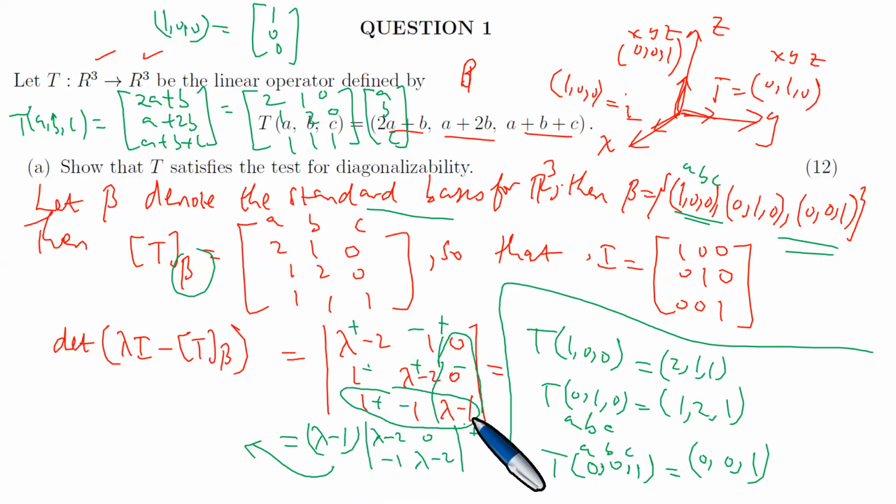So look, this one is positive. So you have lambda -1, and then you have this, which is the minor of this entry here. This is called the minor. And then you get that.